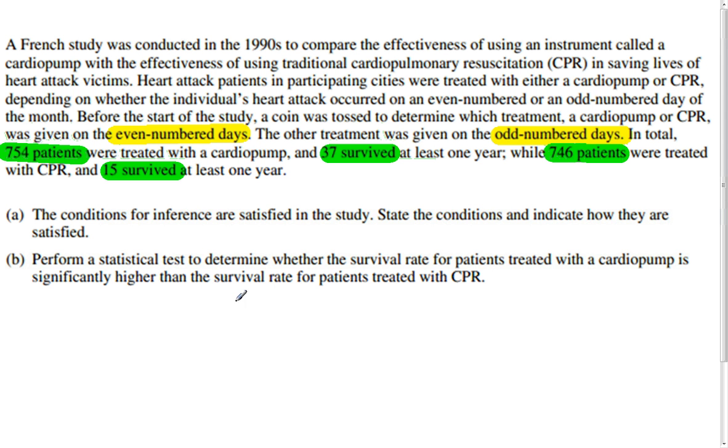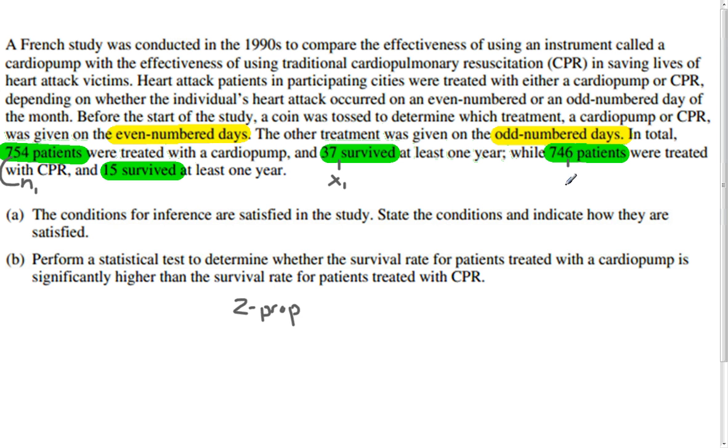So given that, we're looking at a two-proportion test. So I'll write 2-prop down here just to remind us. Two-proportion test. And let's go ahead and pick one to be the first one. So you might pick the first one to be the 754, to be your first total, your N1, and then the 37 who survive would be your X1.